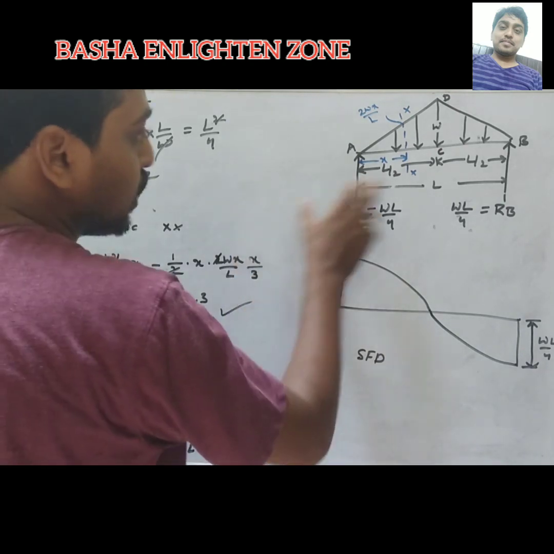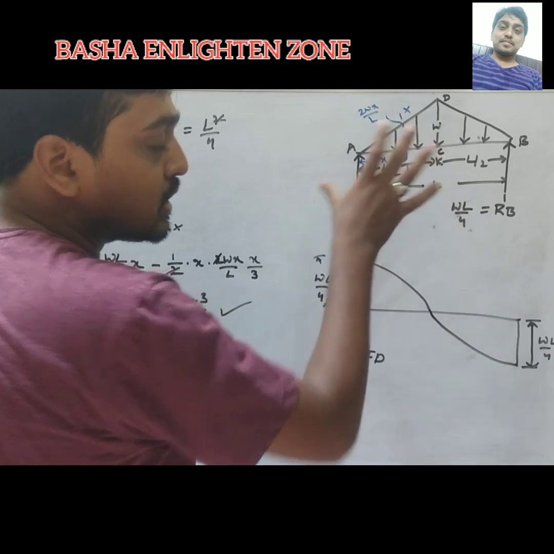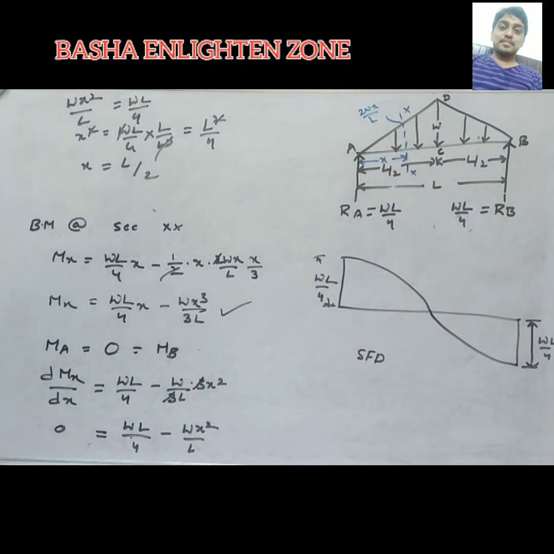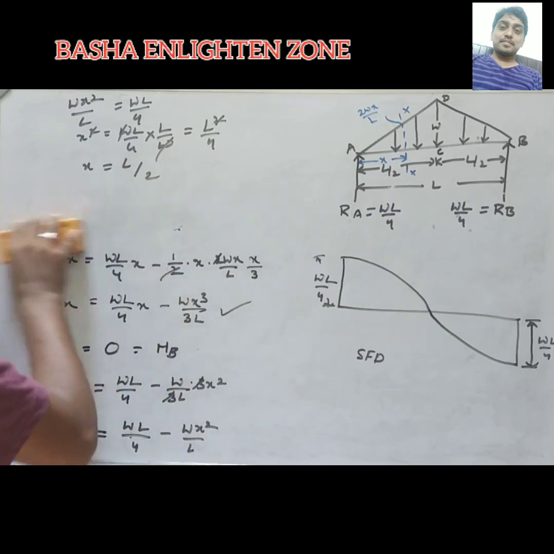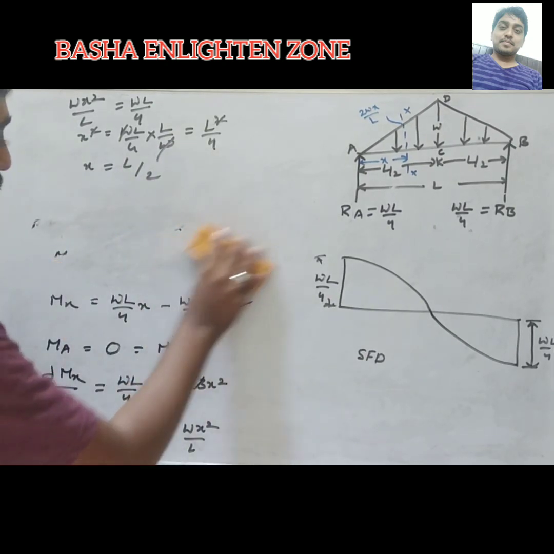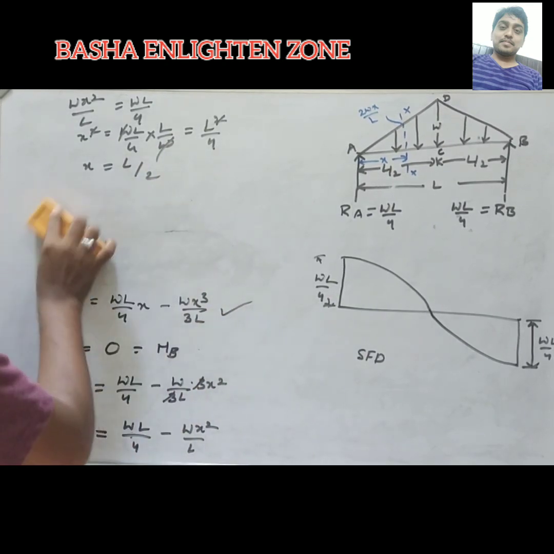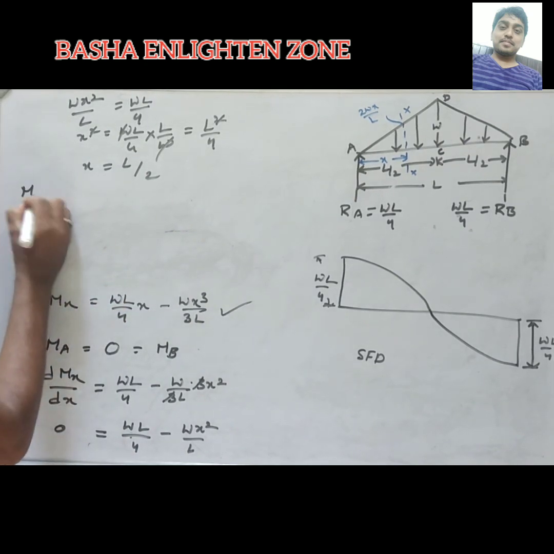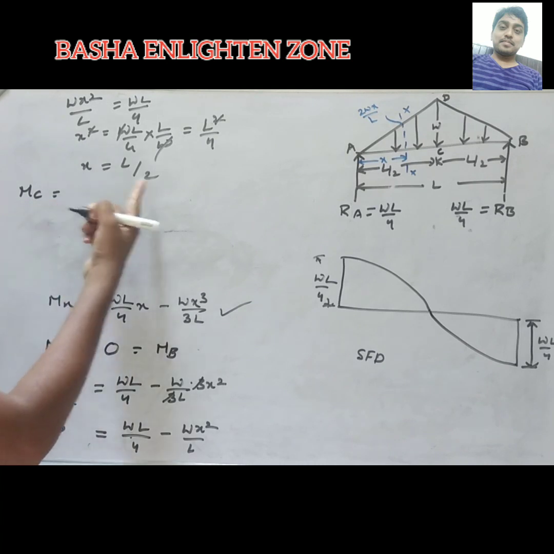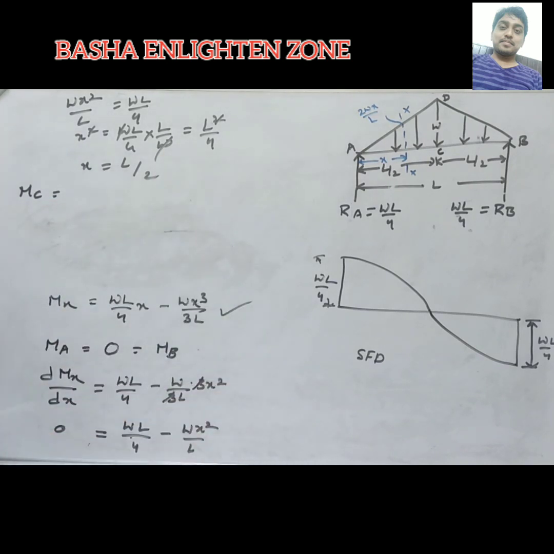If I substitute L by 2, you will get exactly the bending moment at C. So I am taking bending moment at C here. It is at a distance of L by 2, and there only the maximum bending moment value is there.